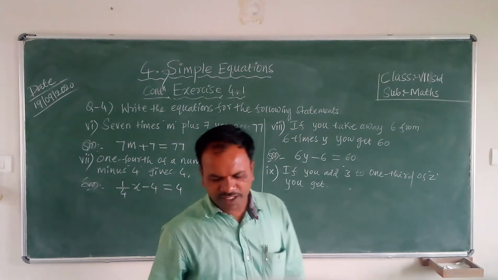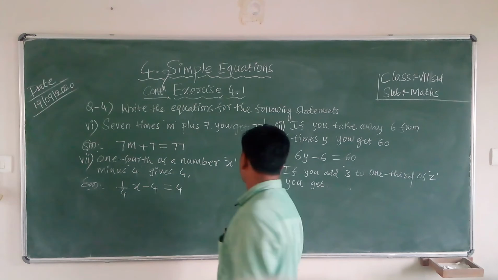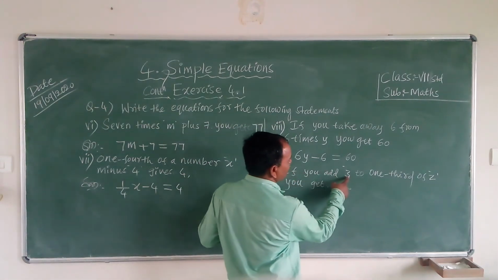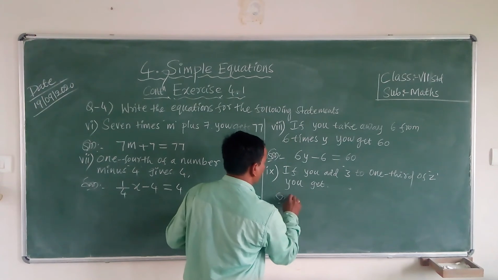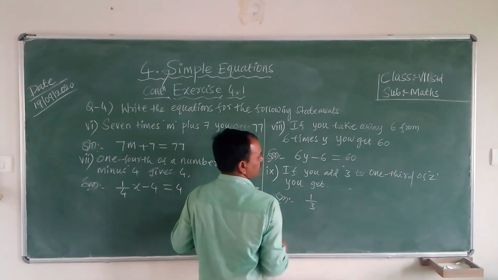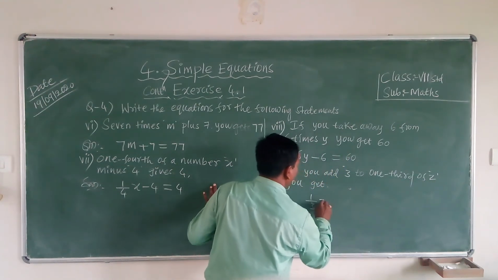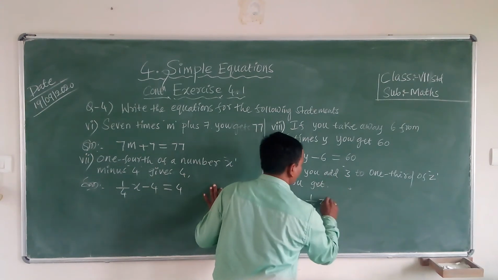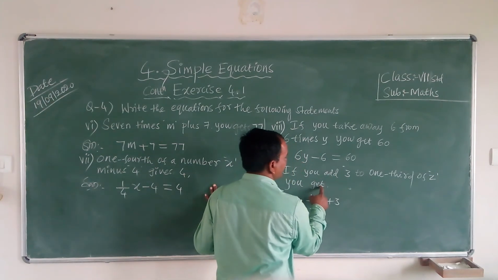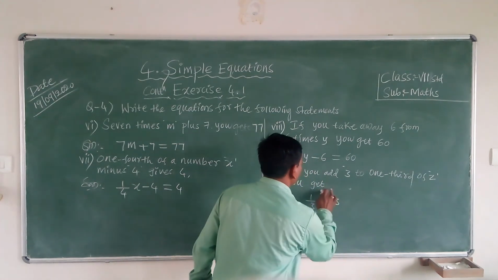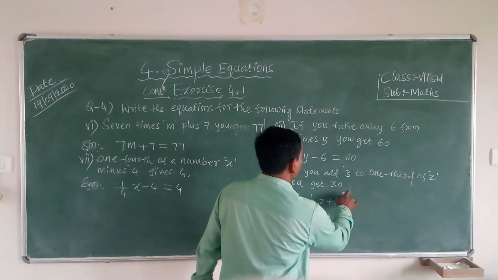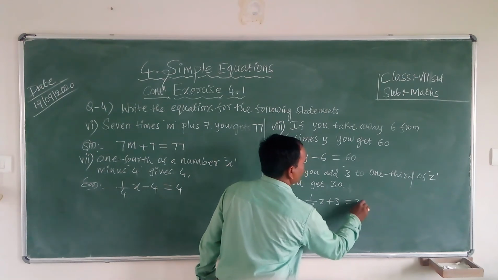So my dear students, very simple. What is that? If you add 3 to 1/3 of z, 1/3 means what? 1/3 of z plus, add means plus 3, is equal to you get how much? You get 30.